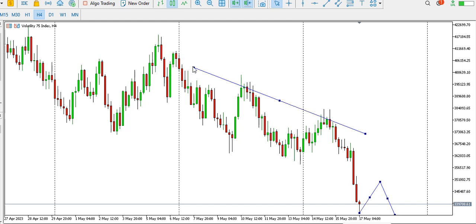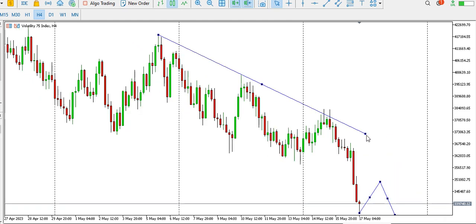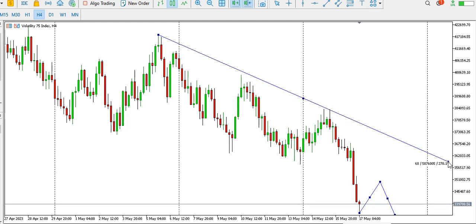Looking at the trend line, it is currently bearish. You can see that the trend line is being respected, so you might want to join the sellers in selling Volatility 75 Index.